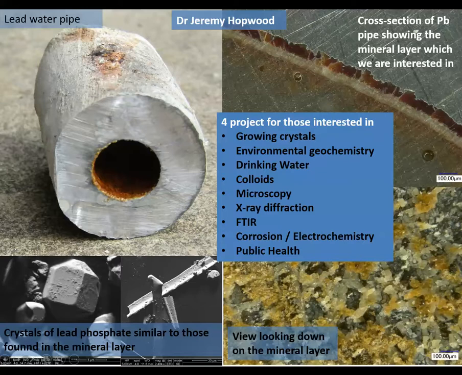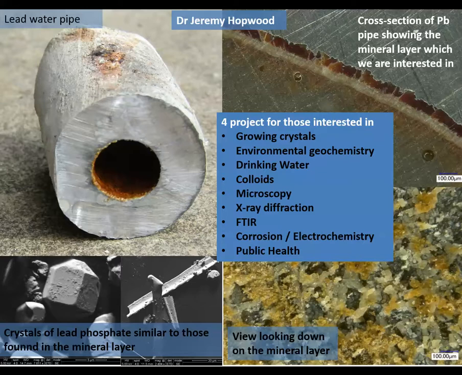What will our projects be looking at? Most of the projects don't go out and measure lead in houses particularly. What we're interested in is the chemistry that goes on at the surface of the lead water pipe. So when lead comes off, one of the things it does, it reacts with anions in the tap water like carbonate, and it forms lead carbonates.